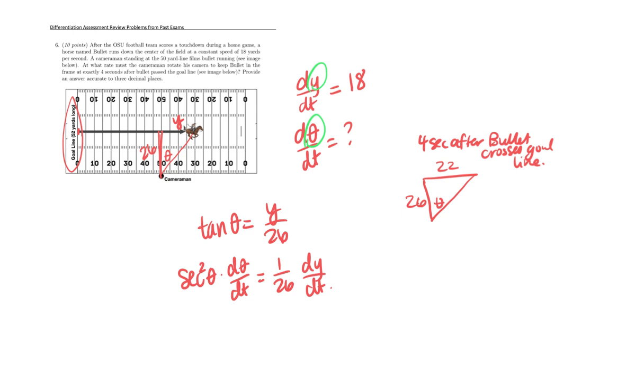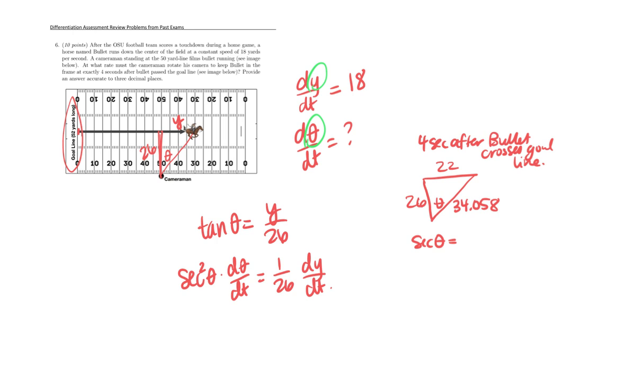And so I can use the Pythagorean theorem to find that third side. If I do the square root of 22 squared plus 26 squared, I get that that is 34.058, something like that. And then I know that secant of theta is going to be, secant is the flip of cosine.